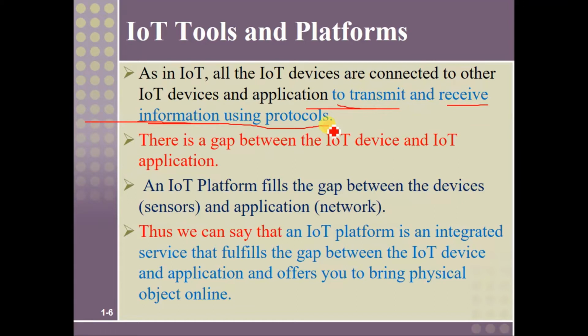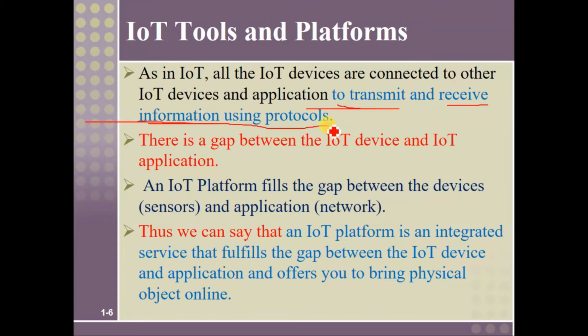In the IoT environment, the devices can be connected with other devices and also with their applications for the sake of transmitting and receiving information by using different protocols. If there are no IoT platforms, there is no connection between IoT devices and their applications.